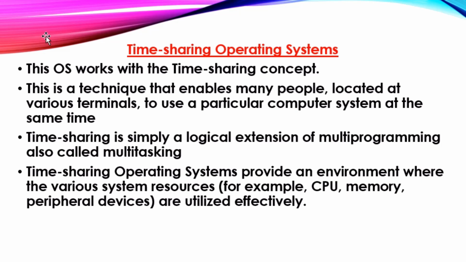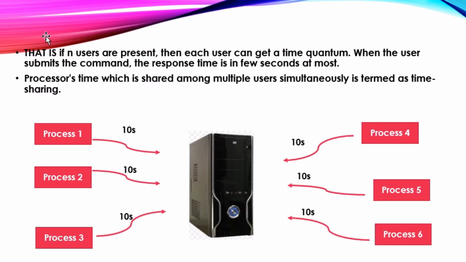As seen in the diagram, multiple jobs are executed by the CPU switching between them, but the switches occur so frequently that the users may interact with each program while it is running. The operating system uses CPU scheduling and multiprogramming to provide each user with a small portion of a time quantum.